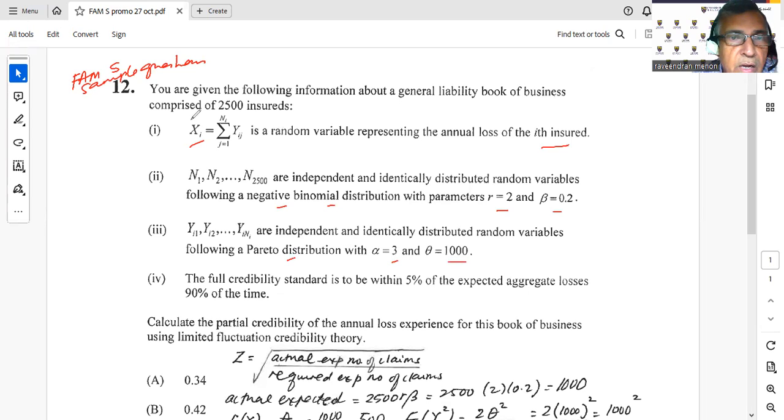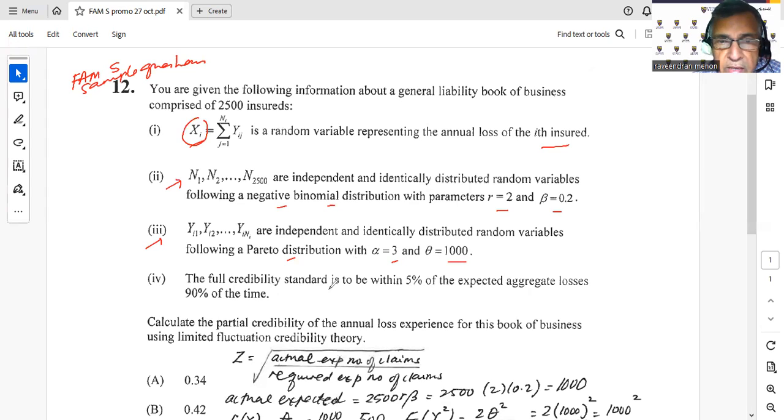So take note of how X_i is defined, a random variable representing the annual loss of the ith insured. Take note of N_1 to N_2500 and the negative binomial distribution parameters. Take note of the Y's, from the Pareto family with alpha is 3 and theta is 1000.